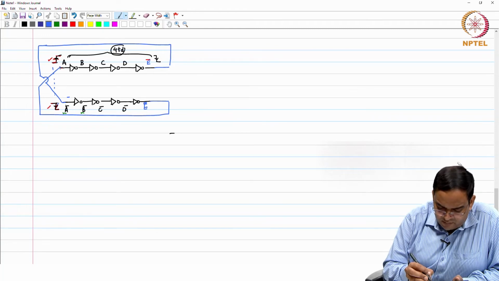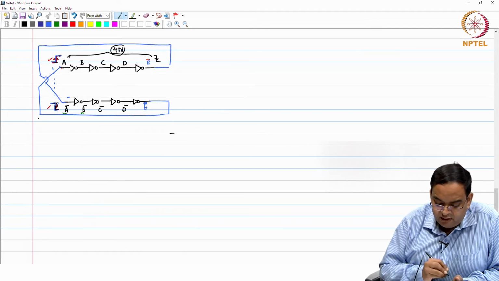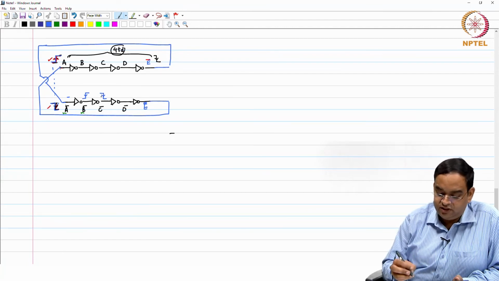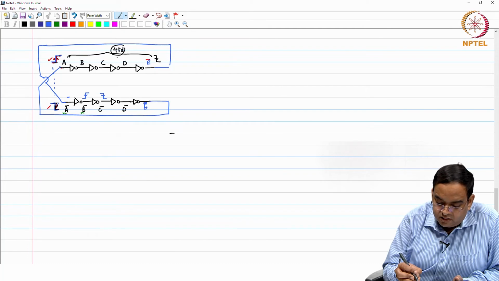Now, we see here that when you have a rising edge at the input, you get a falling edge here, then for this falling edge you get a rising edge here, okay, and you get a falling edge at this node. So, these are just the edges. Let me just write this.